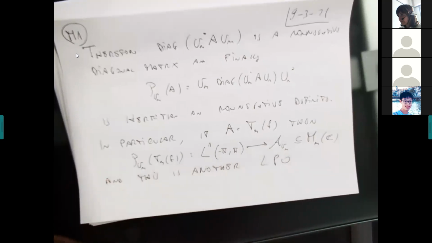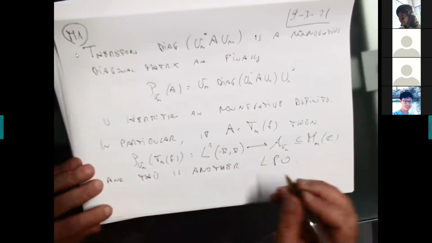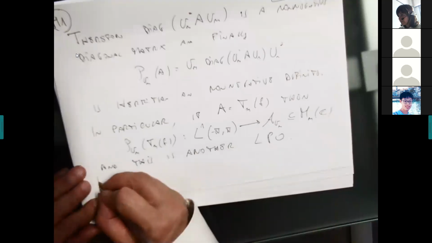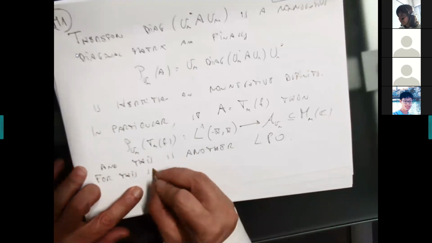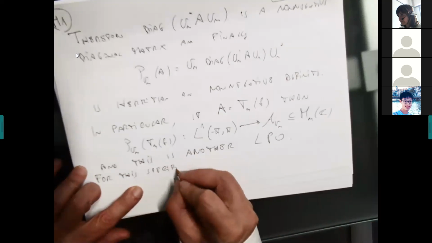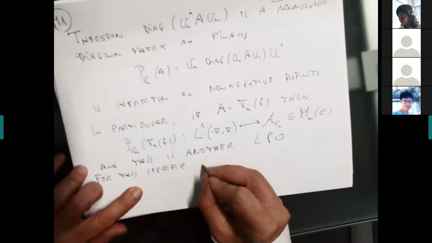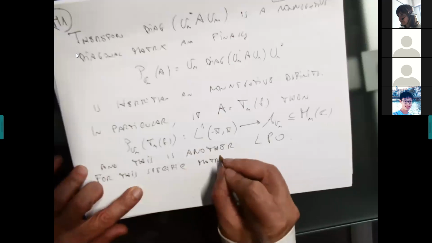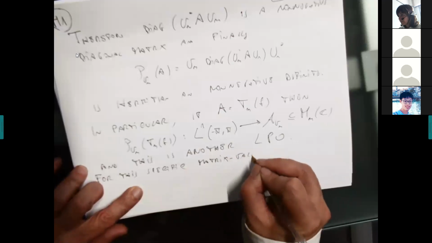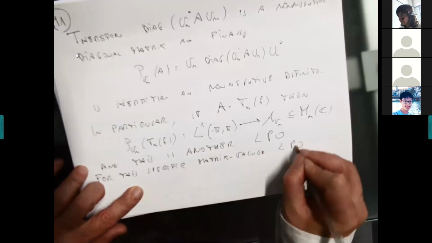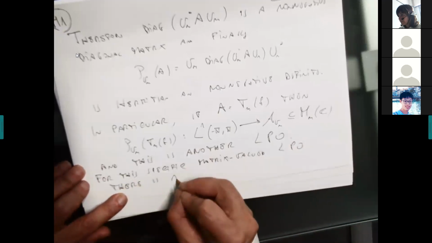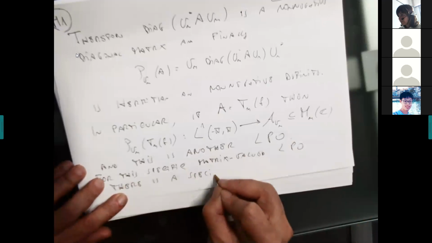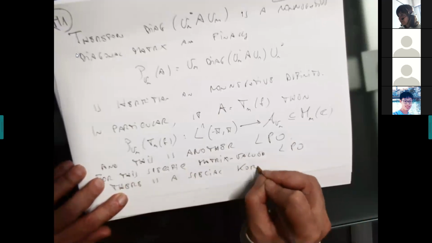For this special linear positive operator, there is a Korovkin theorem. For this specific matrix valued LPO, there is a special Korovkin theorem.